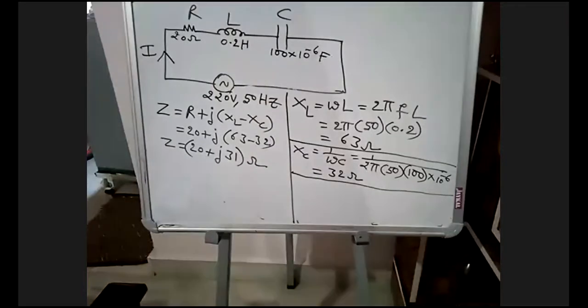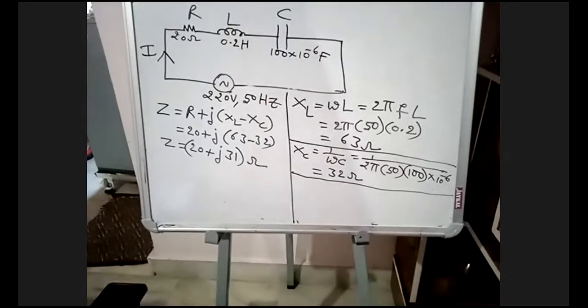Now tell me, is XL greater than or less than XC? XL is greater than XC. If XL is greater than XC, the circuit is inductive.